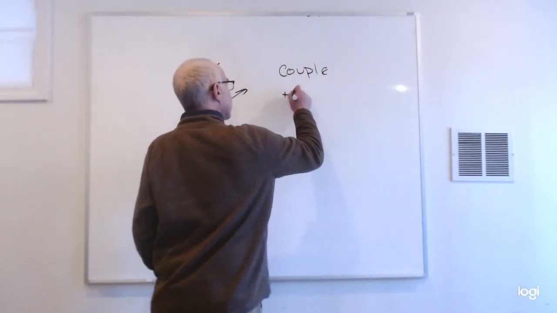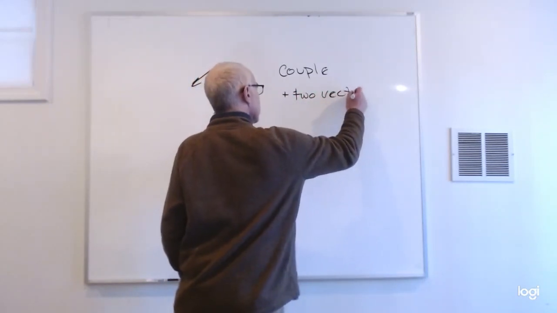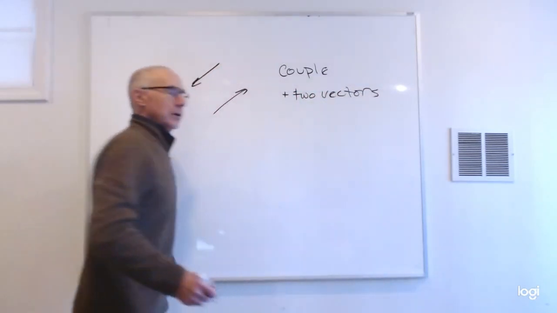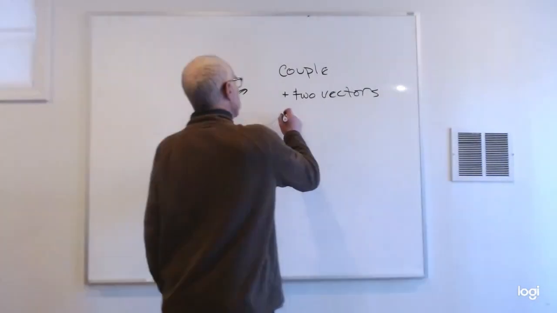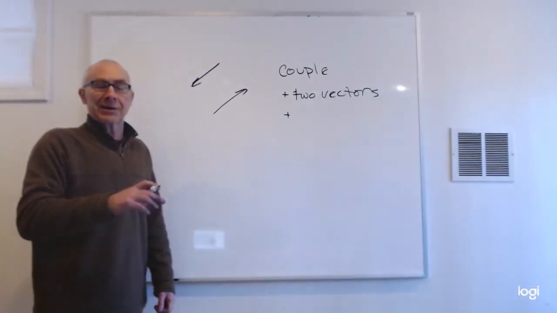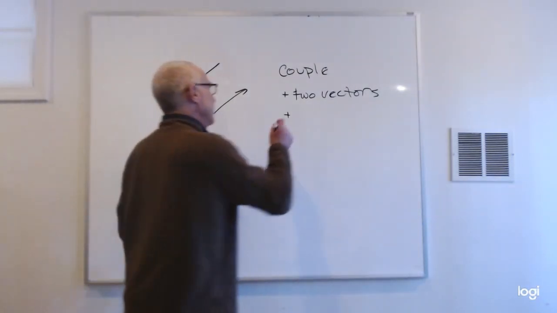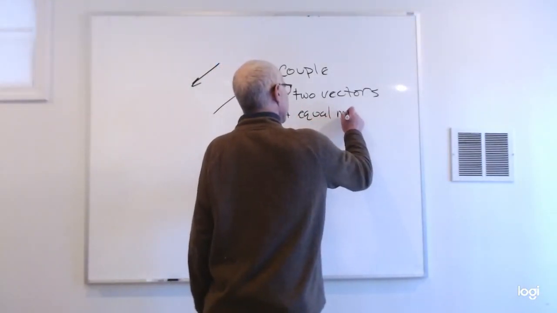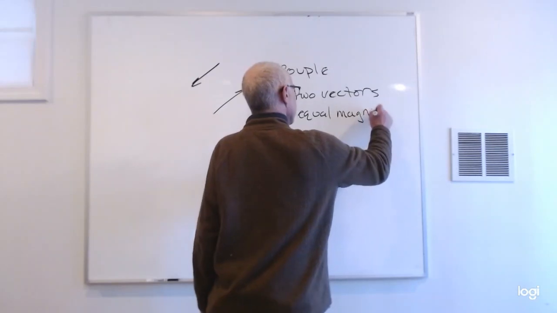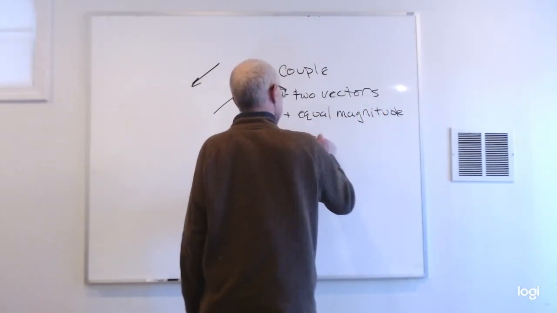There's two vectors of equal magnitude but opposite directions.